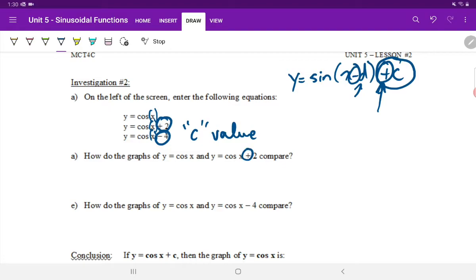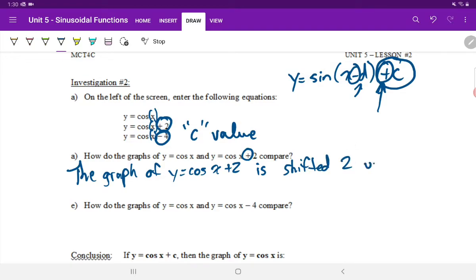How do the graphs of y equals cos x and y equals cos x plus 2 compare? The graph of y equals cos x plus 2 is shifted 2 units up.